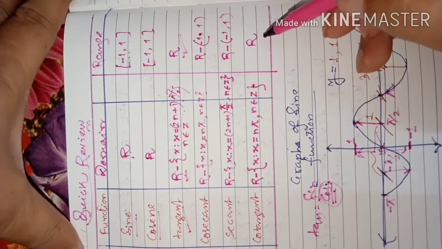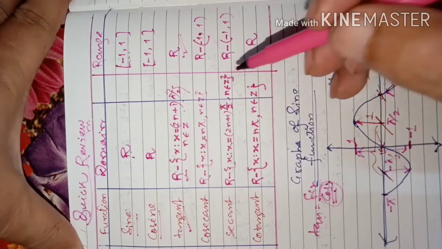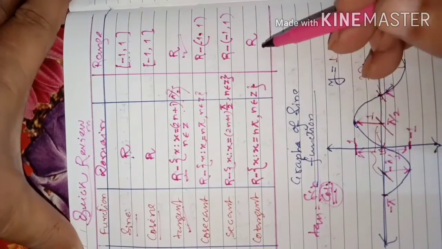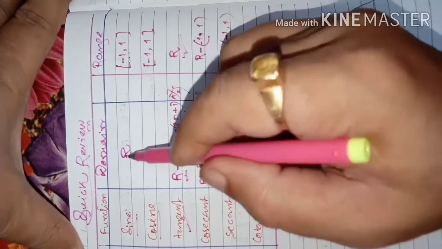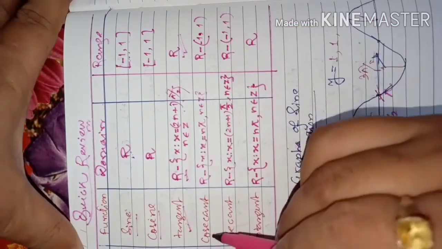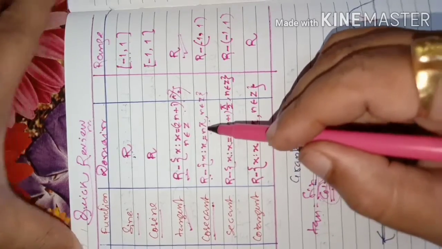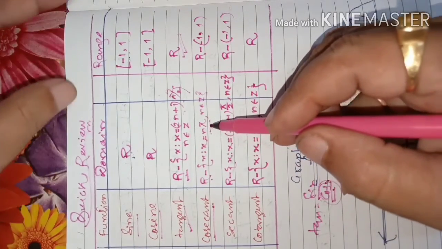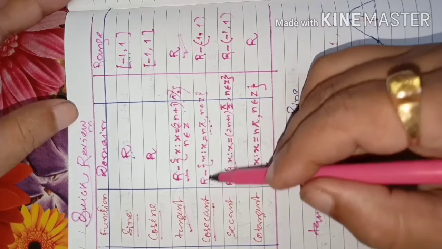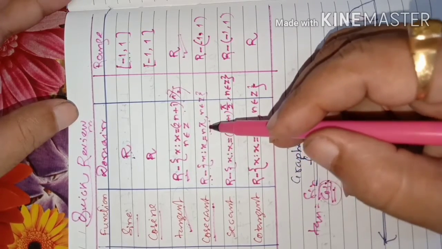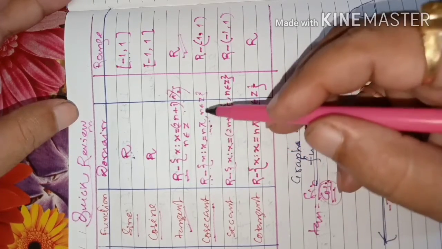Remember this, because while we will be discussing inverse trigonometric functions, this will be useful, because inverse will go from here to this side. Cosecant: real numbers, but integral multiples of pi you have to remove from here.